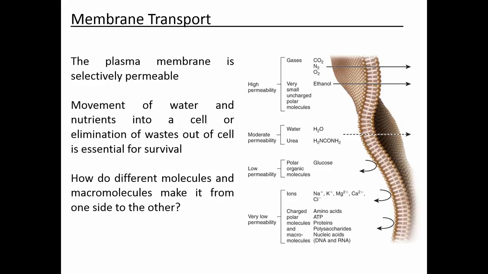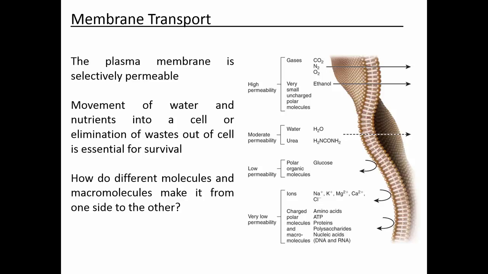In terms of the picture on the board, what they're showing you is the ability of these different types of molecules to either cross or not cross a phospholipid bilayer. This would be the ability of those molecules to get from one side of the membrane to the other if a cell membrane was only made out of phospholipid molecules.